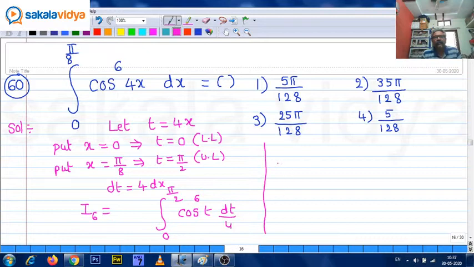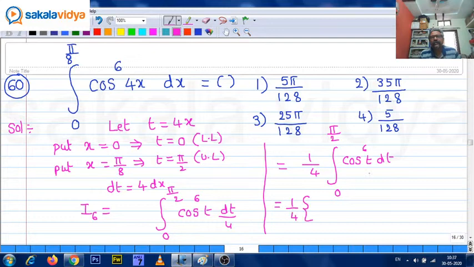Now you can apply the shortcut. 1/4 common. Let us write one more step. The shortcut is very simple: cos t to the power of 6 dt. t is a dummy variable, don't worry. 6, you remember, is even. Even means you start the counting from 1. You leave this 1/4 and only concentrate on this one. Count from 1 to 6: 1, 2, 3, 4, 5, 6.